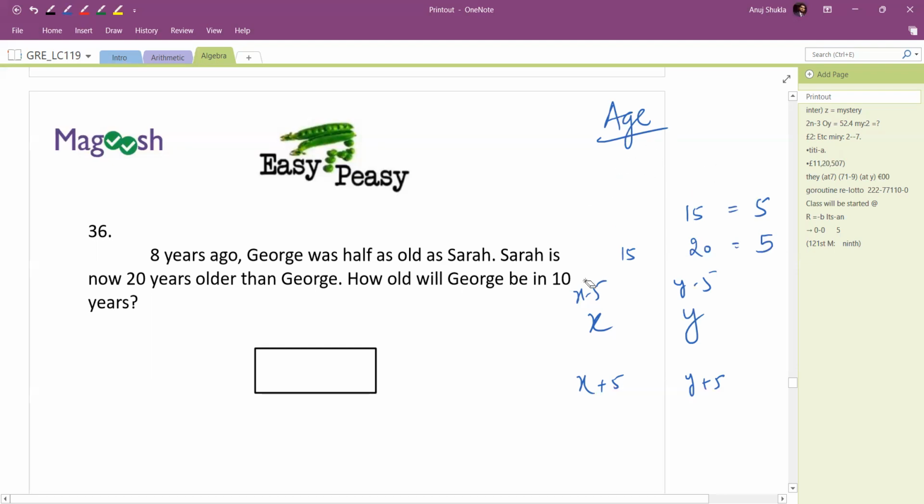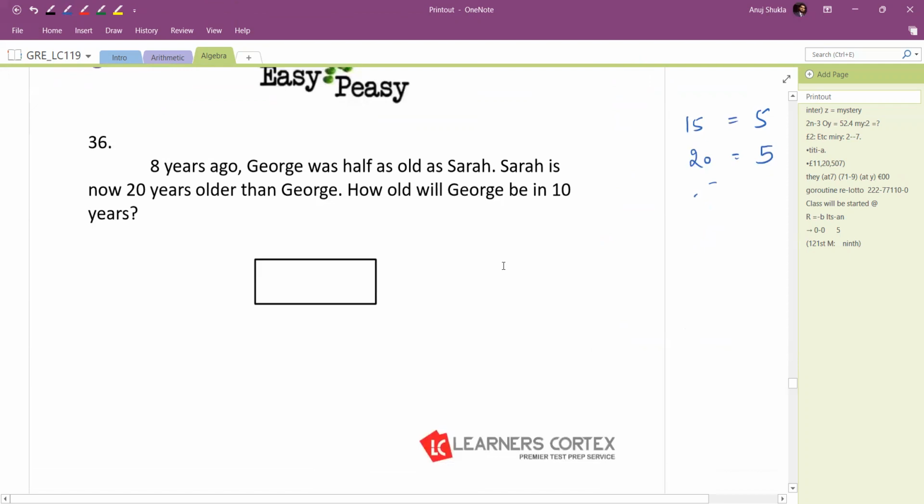So how to solve? The question here they are saying is, 8 years ago George was half as old as Sarah. So George is there, Sarah is there, this is the present age. If they are talking about 8 years back, their ages will be s minus 8 and g minus 8. They're saying George was half as old as Sarah, meaning Sarah is double, so you have to double George to equate it.